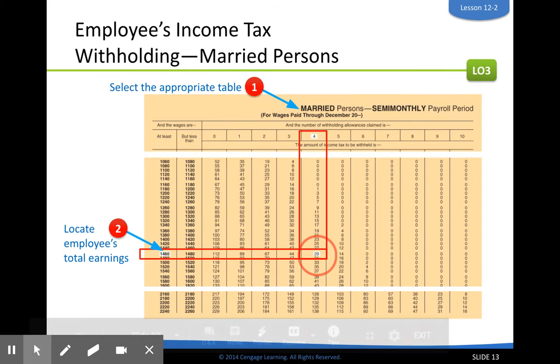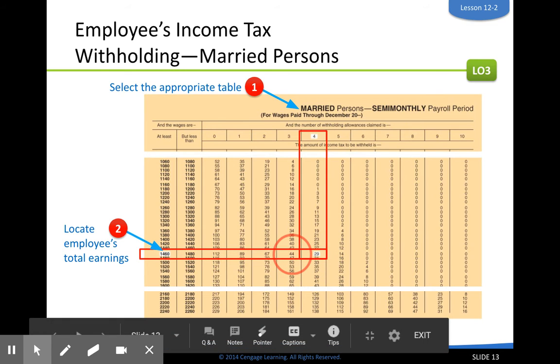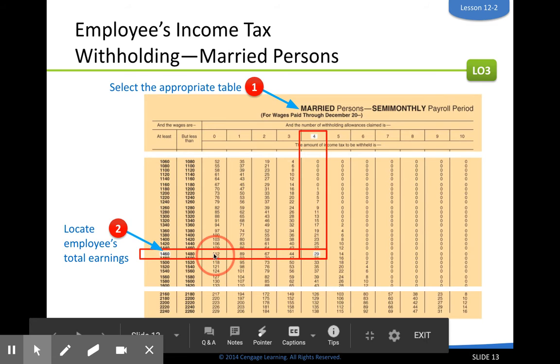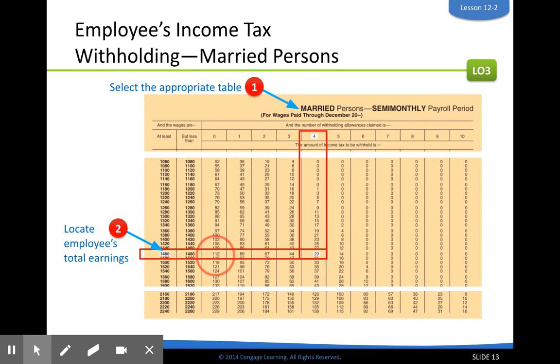So $29 is going to be withheld from their paycheck. You'll notice the less allowances you have, the more that is withheld from the paycheck, because the federal government assumes the less people that you are responsible for, the less money that you'll need paycheck to paycheck to support those people. So more is taken out.